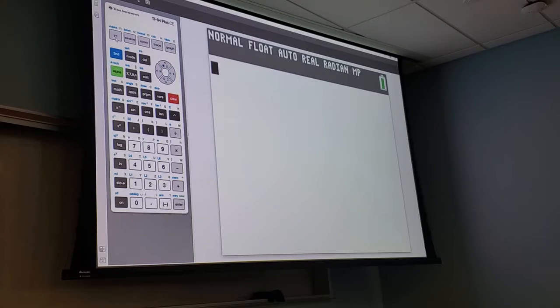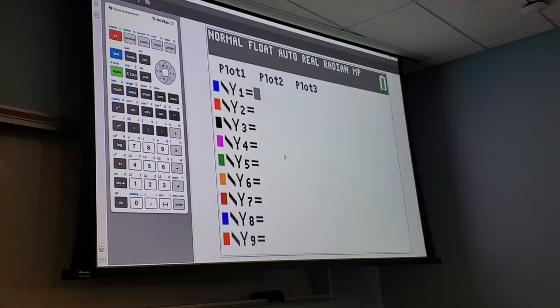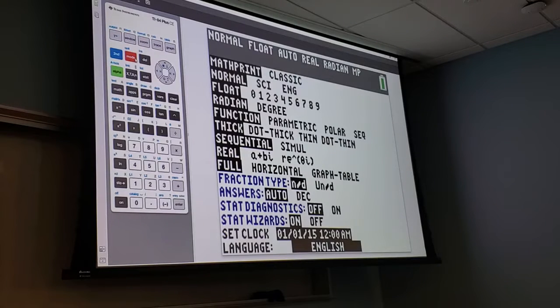So everybody, if you hit your Y equals button, does everyone have this kind of thing show up? Nothing amazing, we've seen this before. Go to mode, right here. Do you see down here where it says function? Do you see something else in this list that's familiar?